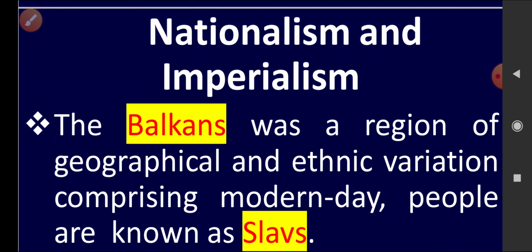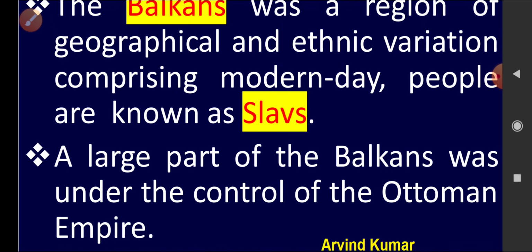In this part we will discuss the Balkan Wars. Balkan is a region, a geographical area having different ethnic groups. People of this area are called Slavs. Here you might see this highlighted word, Slavs.